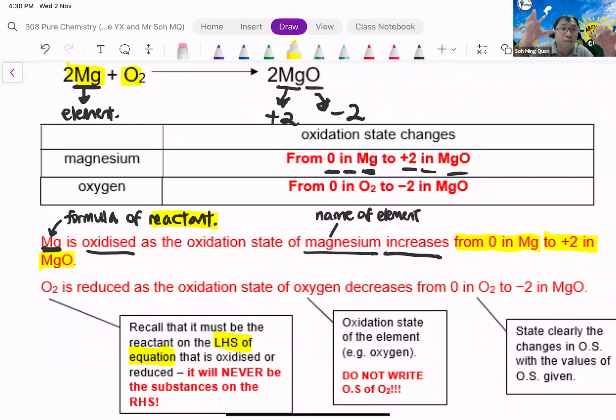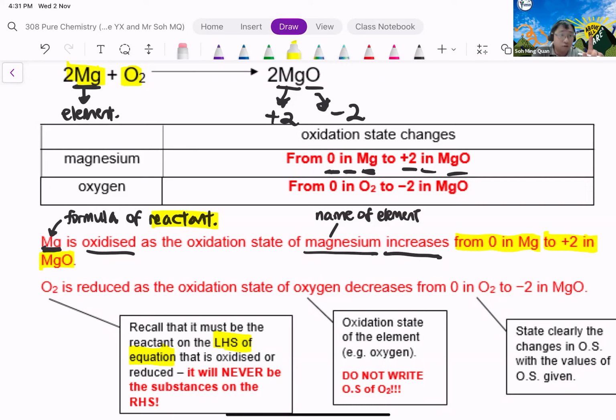Don't just say increase from 0 to +2. No. You must tell me 0 where? 0 in Mg, +2 in MgO. Must specify. This is always the format of the answer. It will not change. Do not deviate, because when you deviate from this, you will miss out certain things.